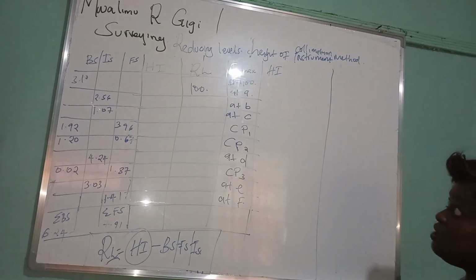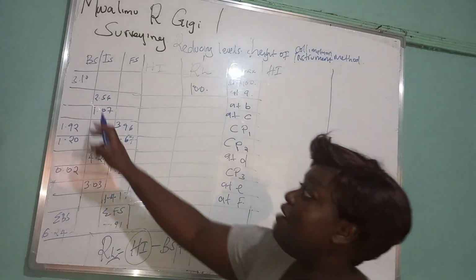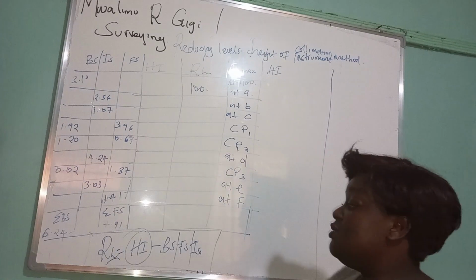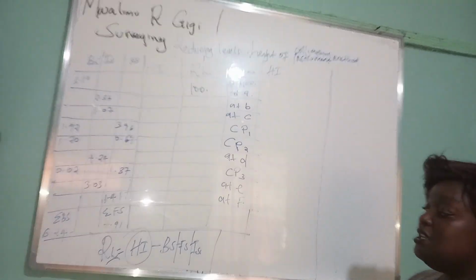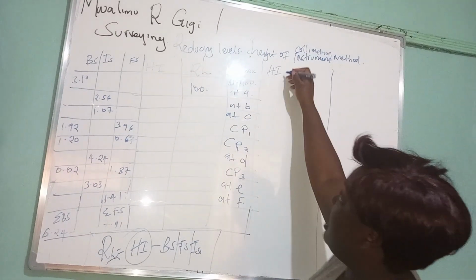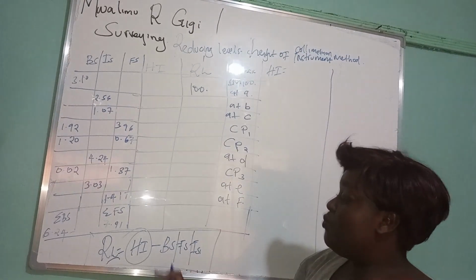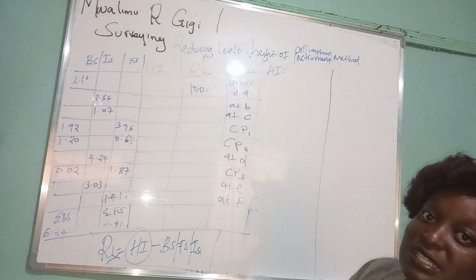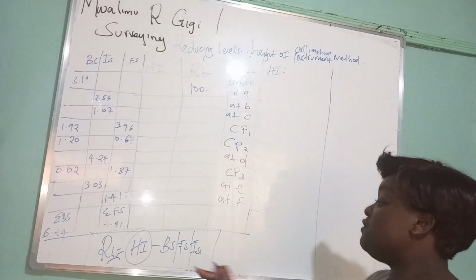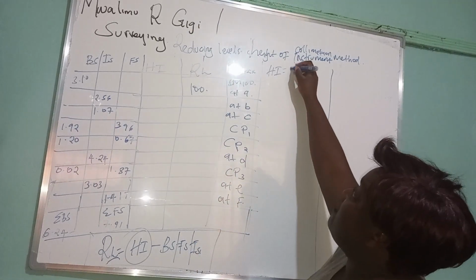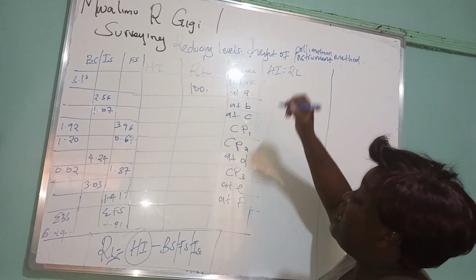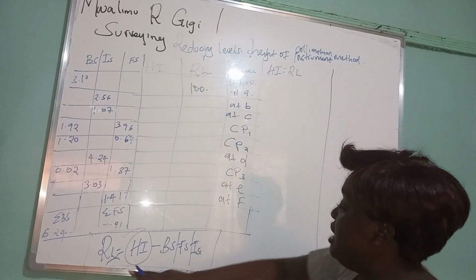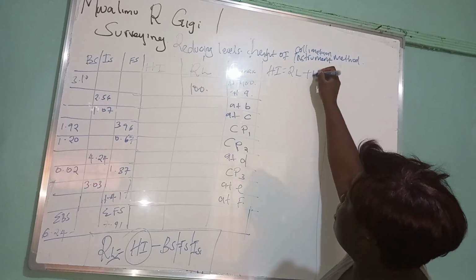We have a backsight and we have the reduced level. So what is the height of instrument? We make the height of instrument the subject of the formula. So the height of instrument will be reduced level plus backsight.